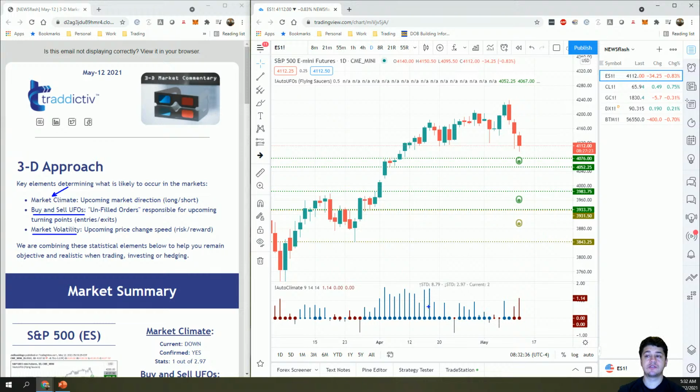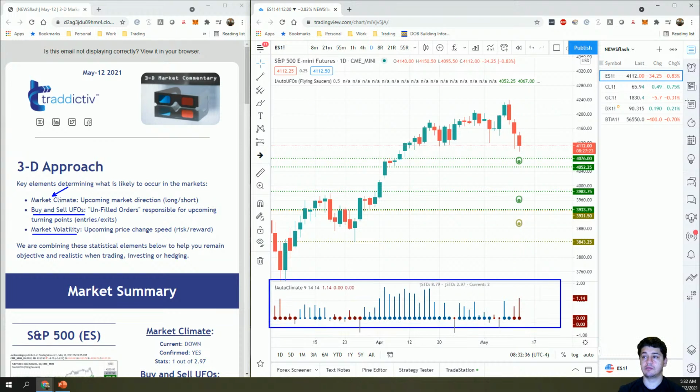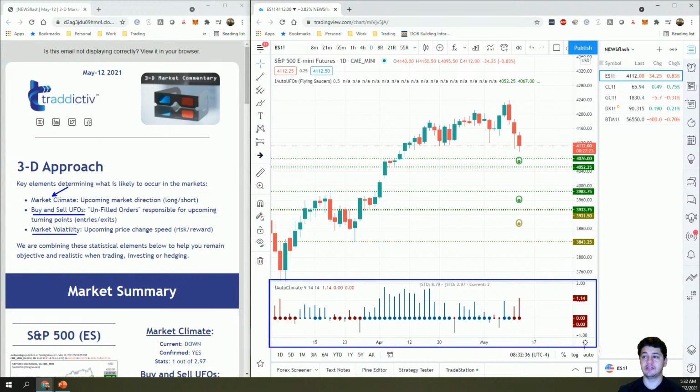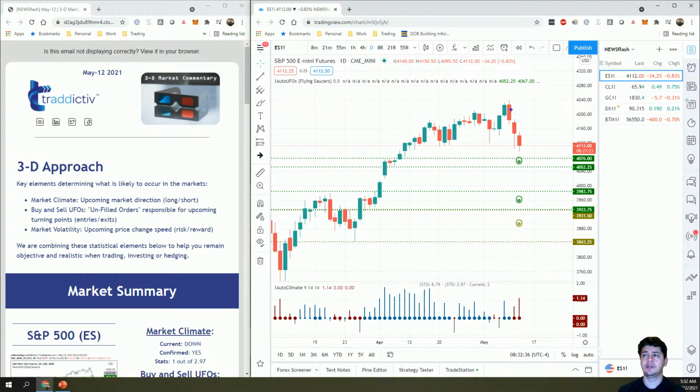Market climate gives us the direction, utilizing the auto climate indicator. It gives us the direction of the current market that we're analyzing. So as we see right now, on the S&P, we have a confirmed down climate. We have a bit of a sell-off going on here.